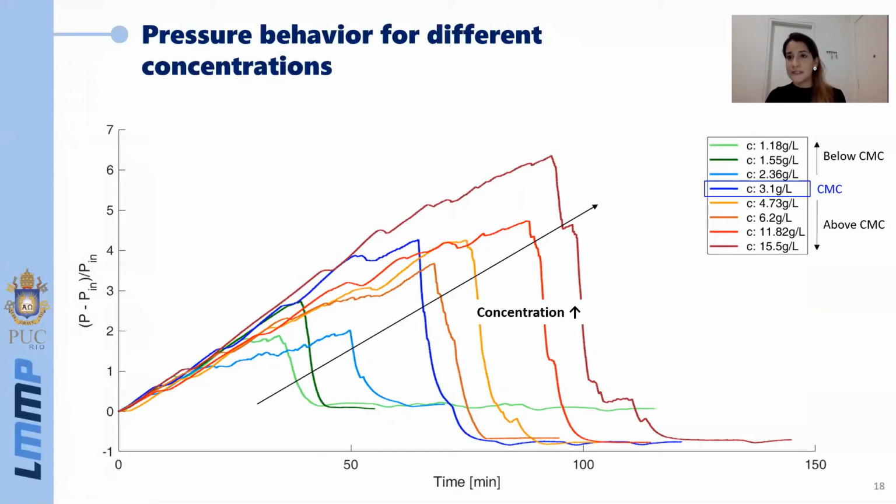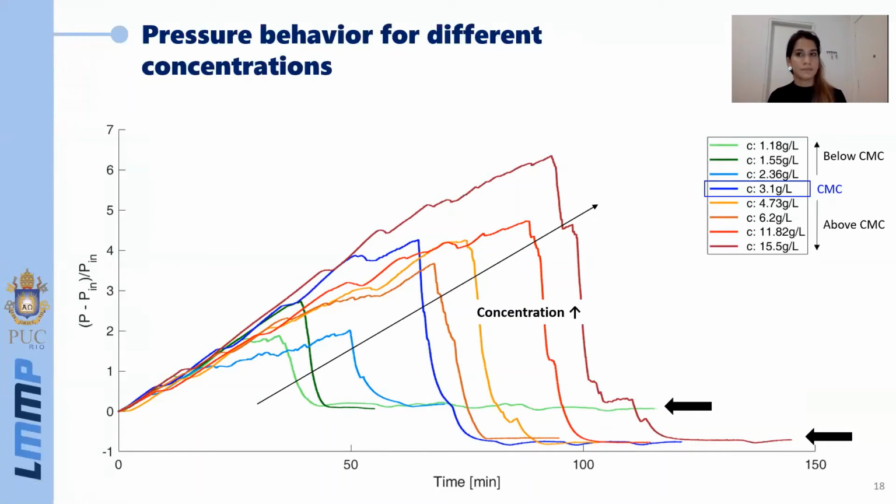The pressure increases during the test, and when the gas finds its percolated path, when we are not forming lamellae anymore, we have this pressure drop, and we form these two plateaus here. The first plateau happens when we are below CMC, and the second one when we are above CMC.